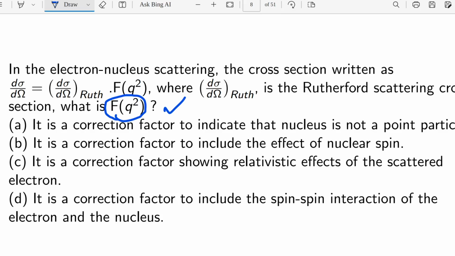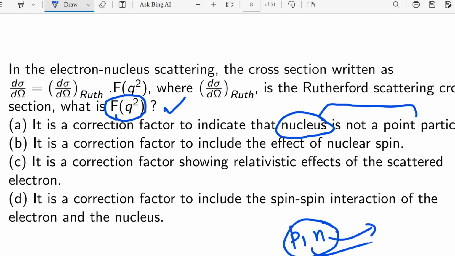So it is a correction factor known as the form factor, and this correction factor indicates that the nucleus is not a point particle, because inside that nucleus there are quarks, right? I mean, obviously there are protons as well as neutrons, and inside the neutron and proton itself there is something like udd or uud.